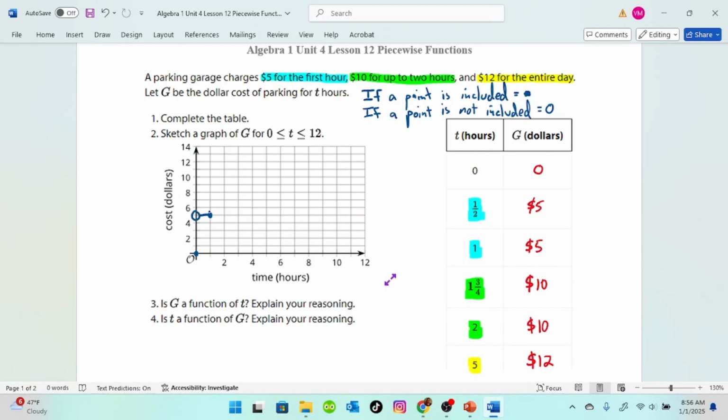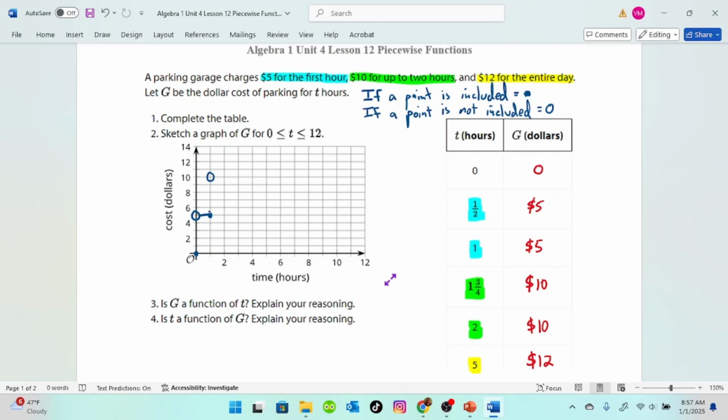The next rule we have is the $10 for up to 2 hours. This means I'm going to start here at 1 hour, and because that is not included in this rule, it was included in the previous rule, we're going to put a hollow circle at the $10.